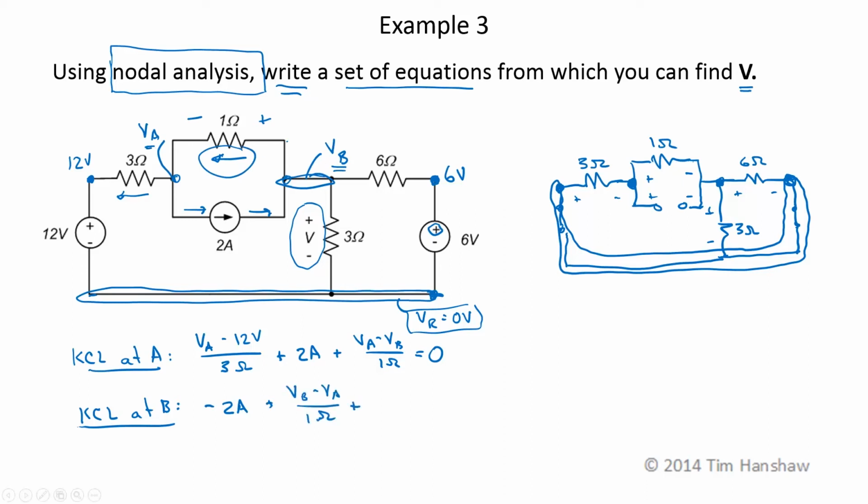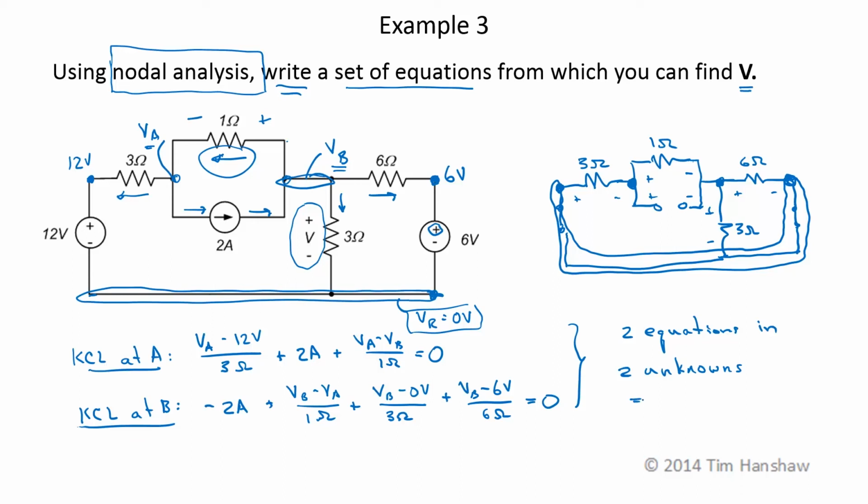The current through the 3 ohm resistance is going to be in this direction, assuming positive leaving node B. It'll be VB minus 0 volts, my reference, over 3 ohms. And finally, the current through this 6 ohm source is going to be VB minus 6 volts over 6 ohms. That's all my currents. Those sum to 0. This gives me 2 equations and 2 unknowns. I can solve those for VA and VB.